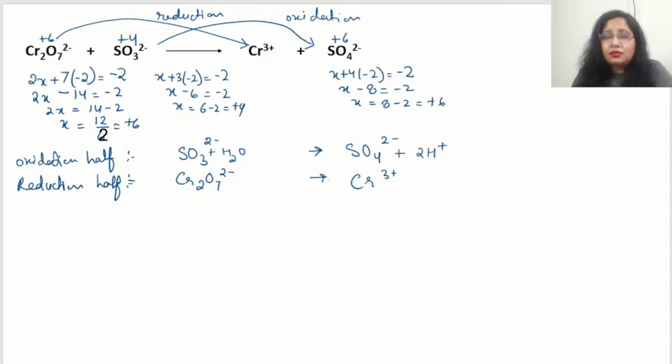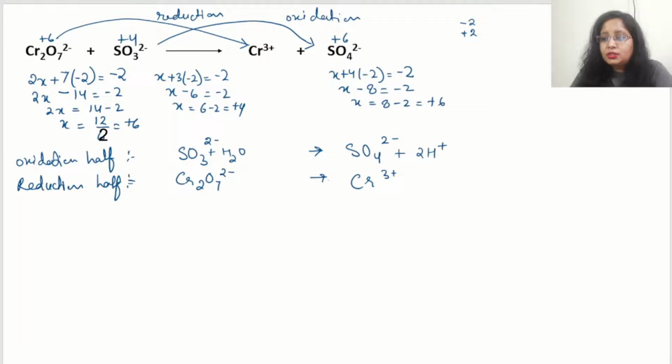So on the left hand side we can say -2 charge is there, because SO3 2 minus. This is the charge on the left hand side. Right hand side, how much charge do we have? We have -2 on SO4 and plus 1 on each H, so 2H plus means 2 ones are 2. So plus 2 charge is here on H plus.